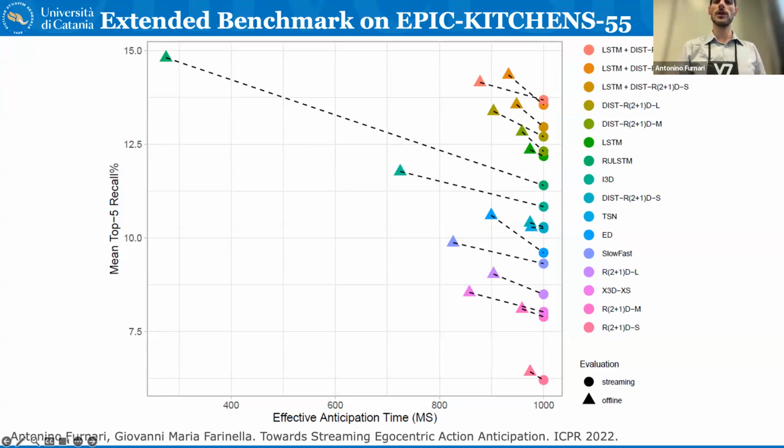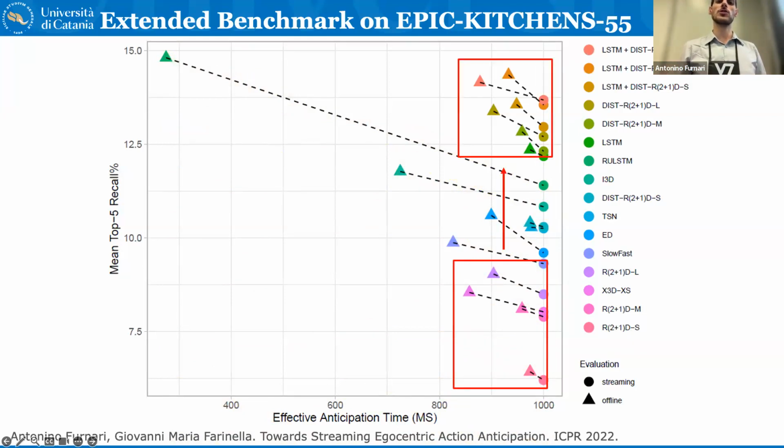What we also observed is that if you take lightweight models, and we have a few of them, and you perform knowledge distillation, you push those models from the bottom to the top, and since they have a small runtime, they are less penalized when you apply the streaming evaluation protocol. Overall these are better than the very heavy model, and they also can run at a higher frame rate, which is also a good feature.